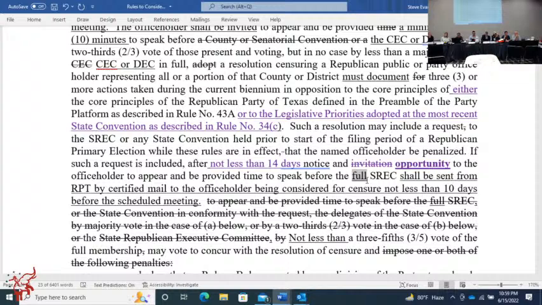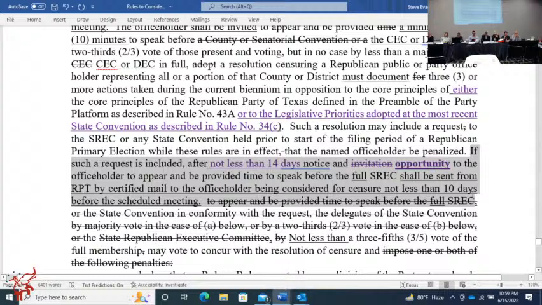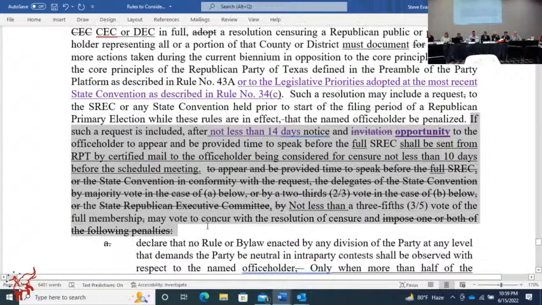If such a request is included after notice of invitation to the office holder to appear and be provided time to speak before the full SREC, or the state convention in conformity with the request, the delegates of the state convention by majority, I'm striking all of this language here, by 2/3 vote, or the State Republican Executive Committee, I just changed the SREC, by a 3/5 vote of the full membership, may vote to concur with the resolution of censure and then I struck out impose one or both of the following penalties.